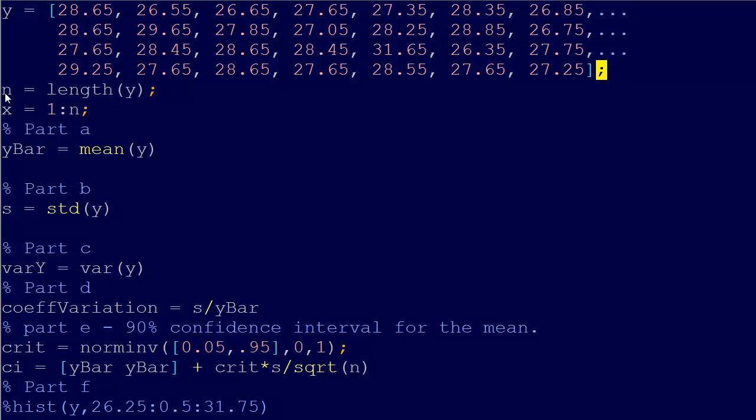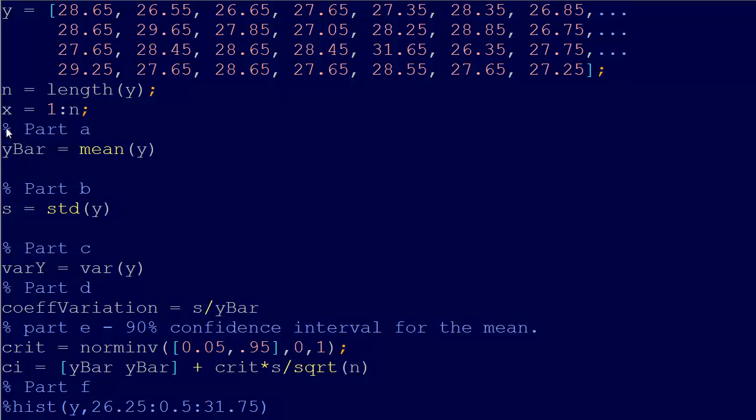Then I set n equal to the length of Y. That's just for convenience later, because we're going to use the number of data points in some of the other computations. Next I set x equal to 1 to n, because I'm going to plot out Y on a horizontal axis, since that's the way I like to visualize it.